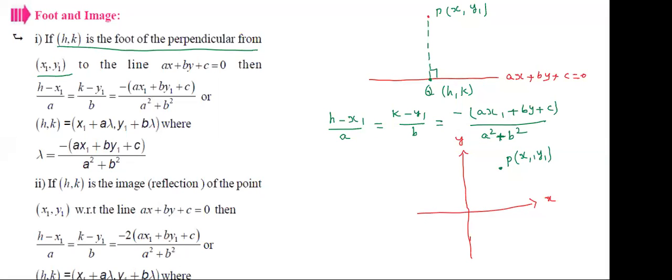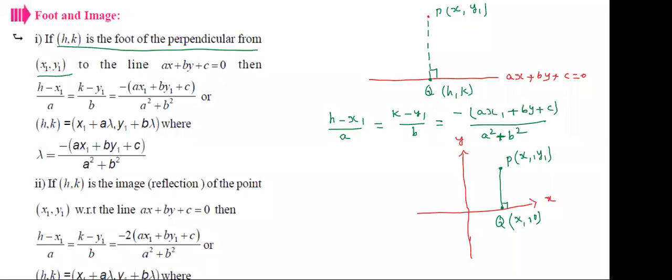Now we need to find the foot of the perpendicular from P to the line. What is the line? The x-axis. Here is the foot of the perpendicular. So this is Q. What is that point? Tell me. It is x1 comma 0.